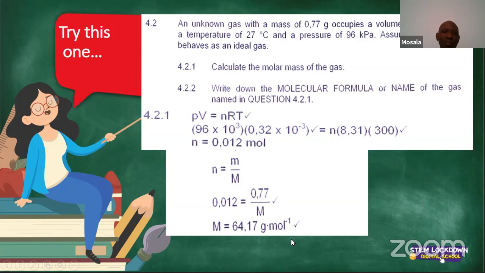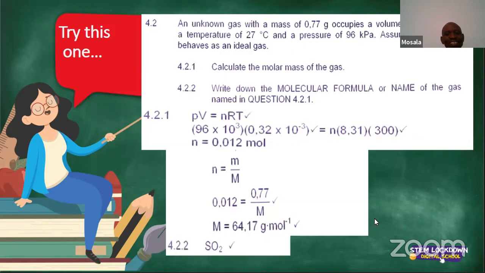And then the question is, write the molecular formula or the name of this gas. Now, we go and look for a gas with this molecular mass. We'll find that it is sulfur dioxide. So sulfur dioxide is our gas.